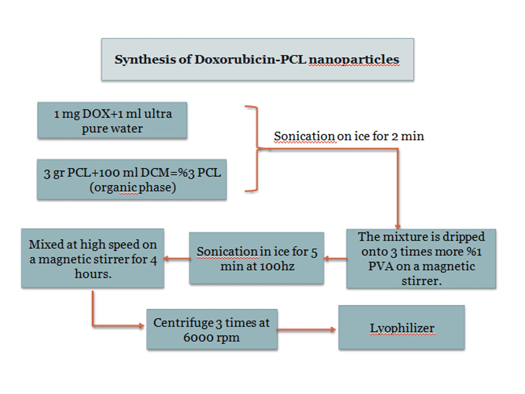Then we sonicate this for 2 minutes on ice, and this mixture is dripped onto 3 times more 1% polyvinyl alcohol on a magnetic stirrer, and then a sonication process for 5 minutes at 100 Hz. Then mix it at high speed on a magnetic stirrer for 4 hours, centrifuge 3 times at 6000 RPM, and then for drying put it on a lyophilizer.